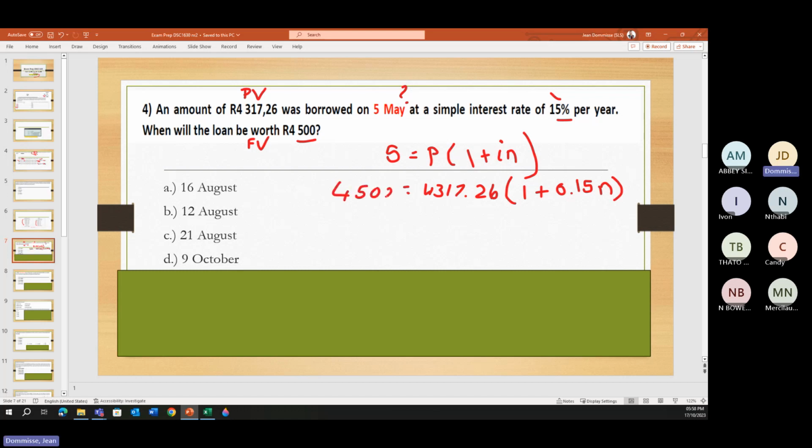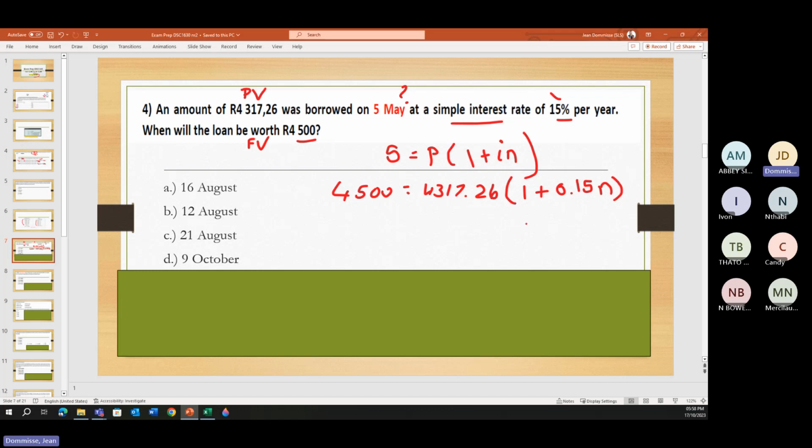Okay, so now it becomes a bit clearer. Nearly now you can see this is something that you probably would have done before. And remember, simple interest, so we can't use your financial calculators because they only focus on compound interest, so you can't use those built-in functions.